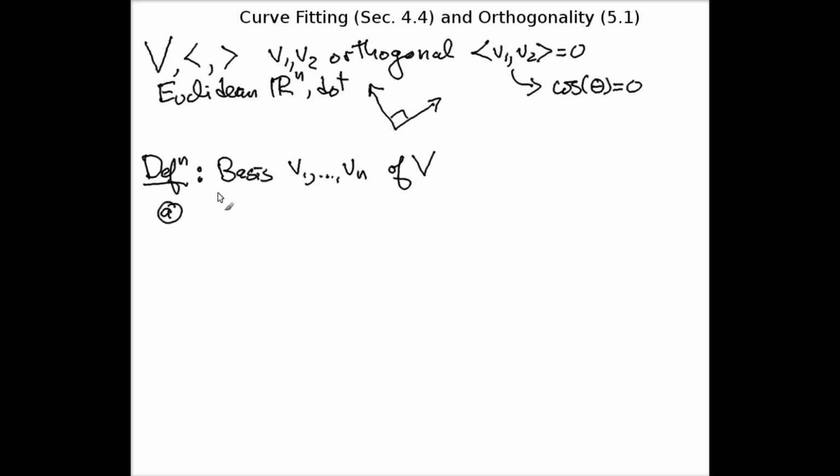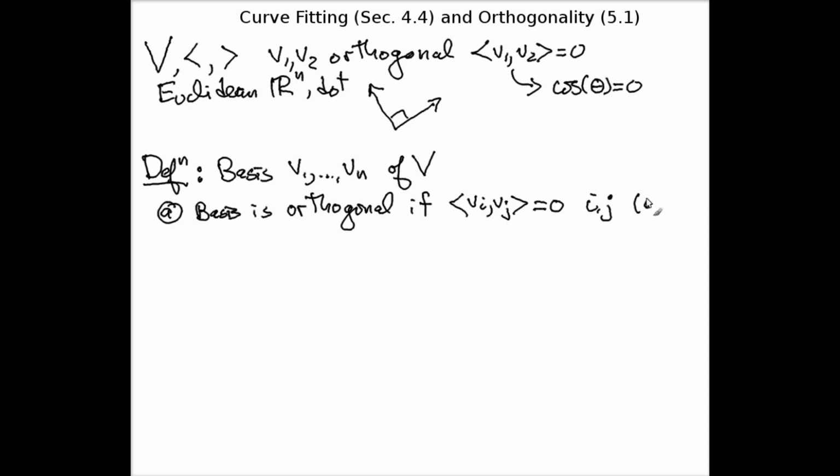Then you say that the basis is orthogonal if all the vi's and vj's are orthogonal, if vi dot vj is equal to 0 for all i and j. Well, not quite. Obviously, if i is equal to j, then this can't be. So for all i not equal to j.